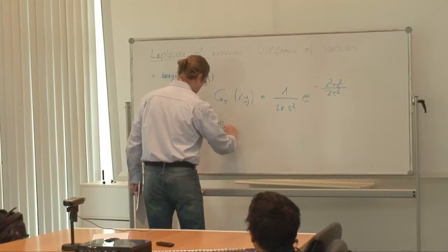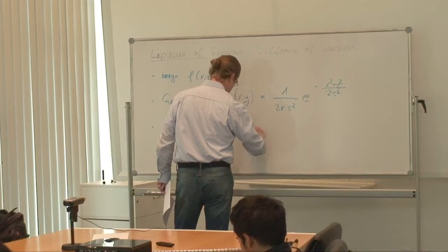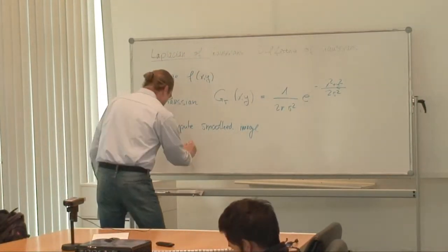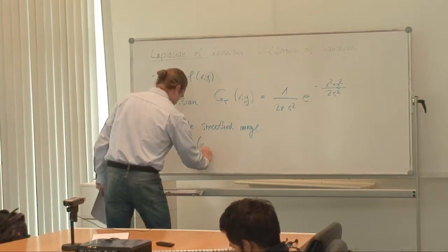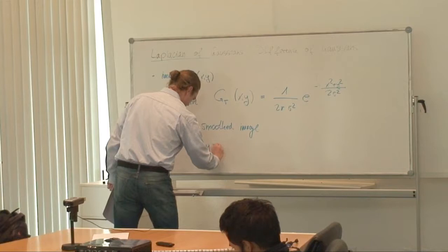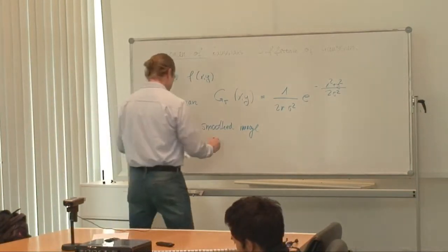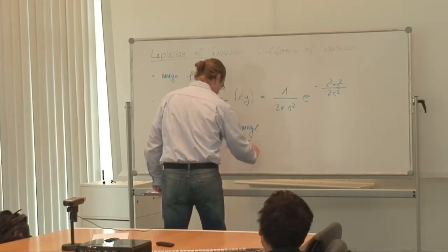Let's call it the smoothed image, and I will call this one G of x and y, and this time I will also pretend it was a function of sigma, because it actually is, I never made it explicit.